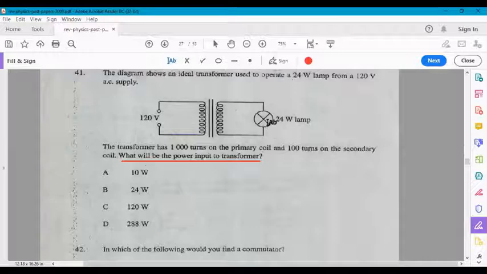The ratio remains the same on both of the coils. So if the secondary coil has a power of 24 watts, then that means that our primary coil has the same. So B.